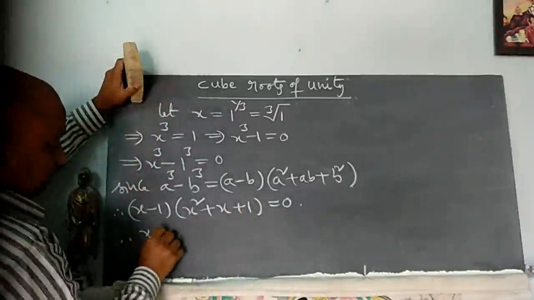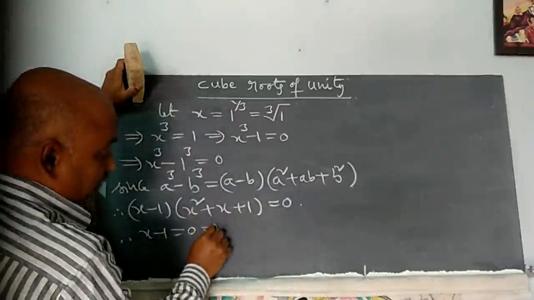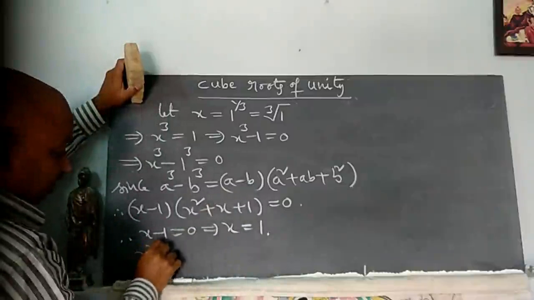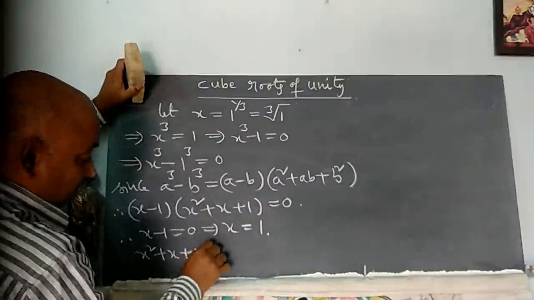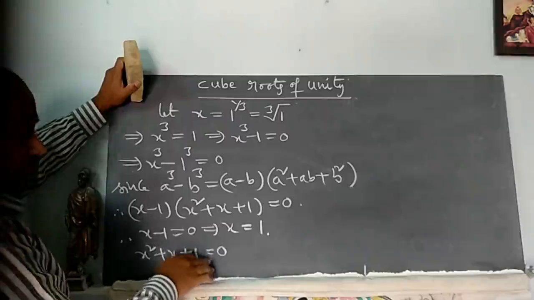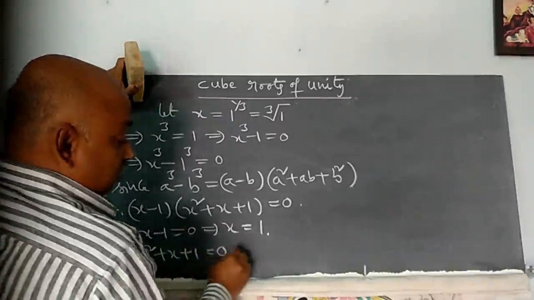Therefore, x minus 1 equals 0, so x equals 1, and x square plus x plus 1 equals 0. It is a quadratic equation. It has 2 roots.